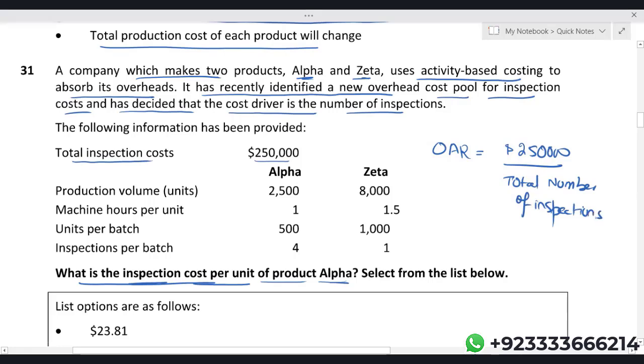Once we have calculated the total number of inspections, then 2,50,000 divided by total number of inspections will give us the overhead absorption rate per inspection. Then it becomes very easy to allocate how much inspection cost belongs to alpha. And after that, the inspection cost which relates to alpha divided by the number of units of alpha will give us the answer.